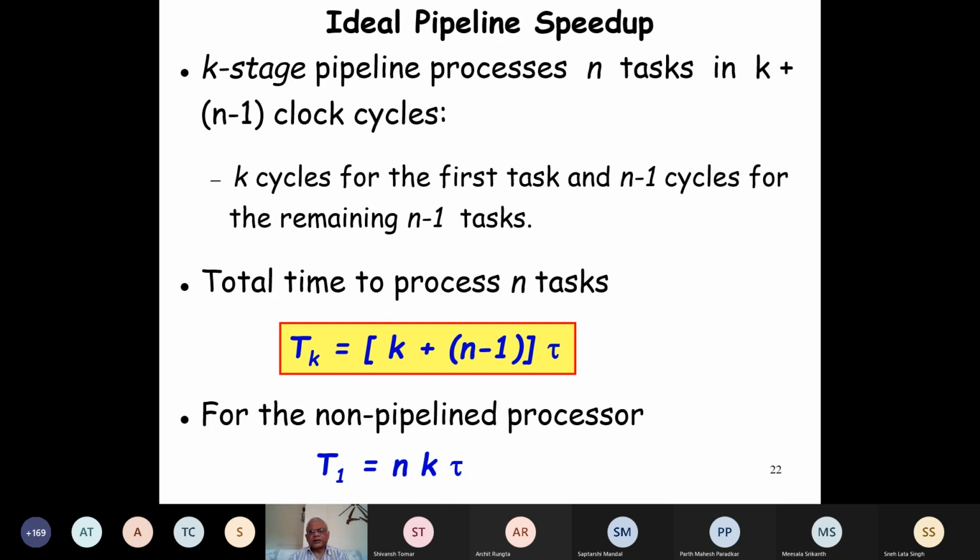And then the rest of the instructions follow it, and each one comes out in one cycle. So k cycles for the first instruction, because as it graduates from one pipeline unit to the next, it takes k cycles for the first instruction to complete, and the rest n-1 complete in one cycle each. So k plus n-1. And if each unit takes tau, the total computation time is (k plus n-1) times tau.